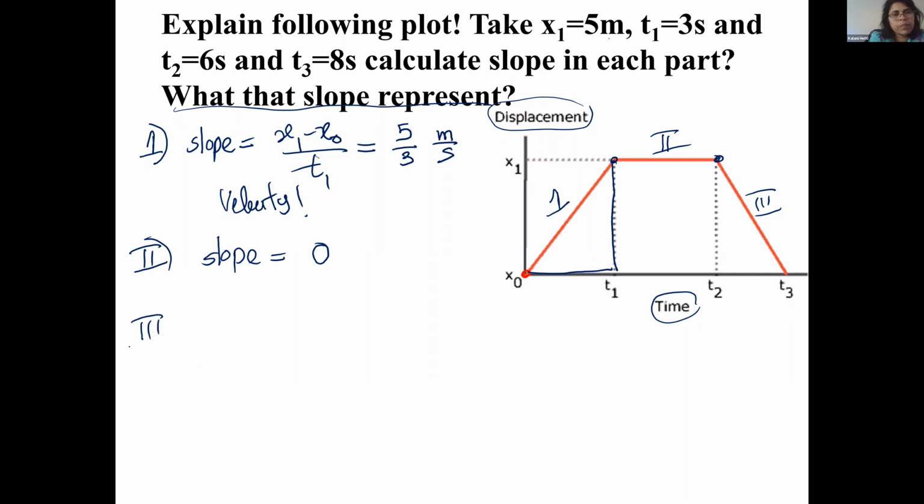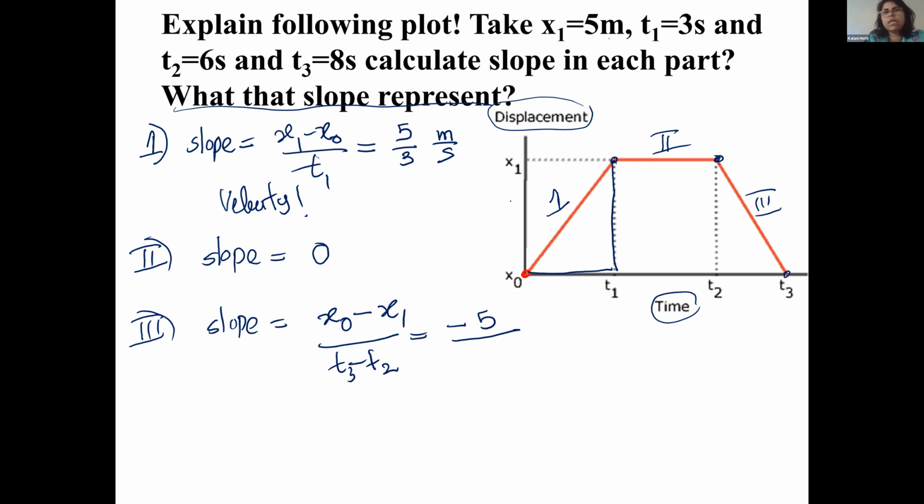And the third one, you will see that you have here, right? So the slope will be equal to: your final place is actually x0, the initial one is x1, divided by t3 minus t2, right? So now this will be negative: x1 is 5, x0 is 0, divided by t3 minus t2, which is 8 minus 6, is 2, so meters per second.